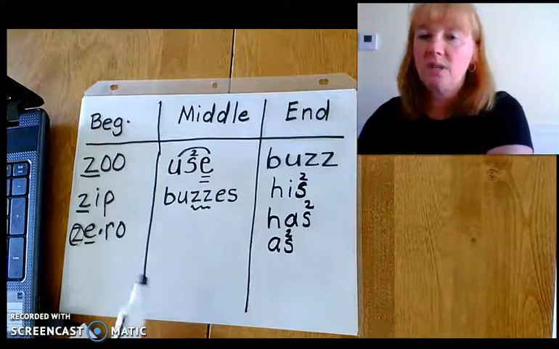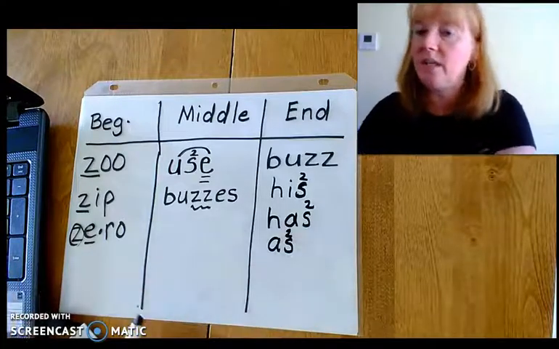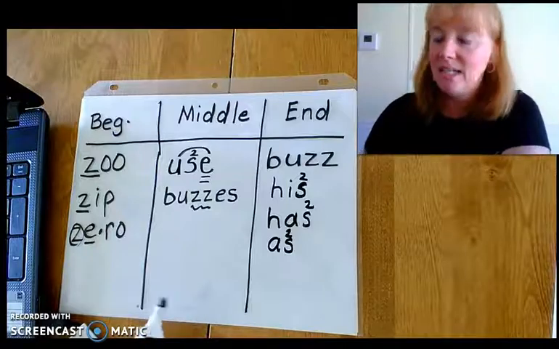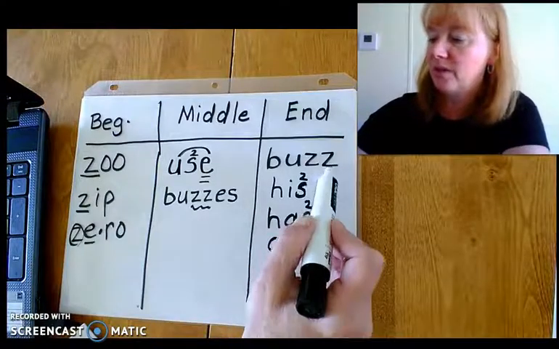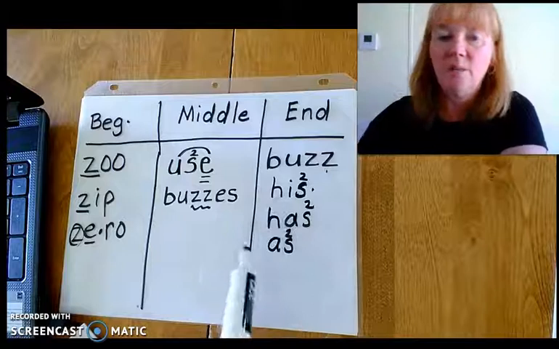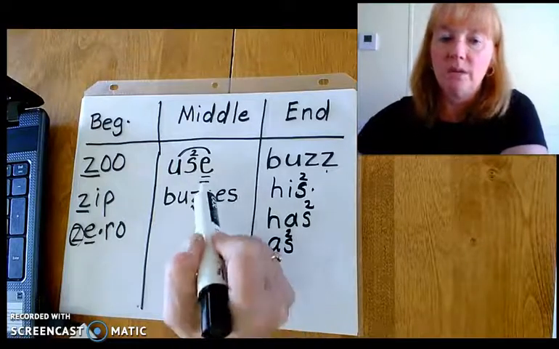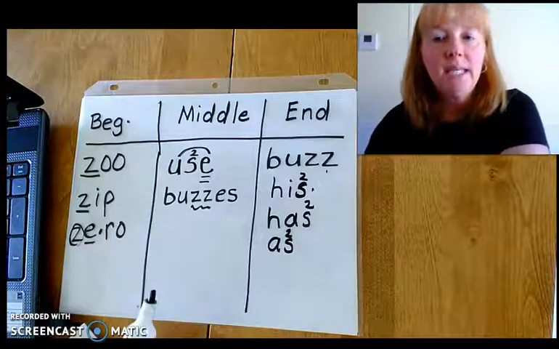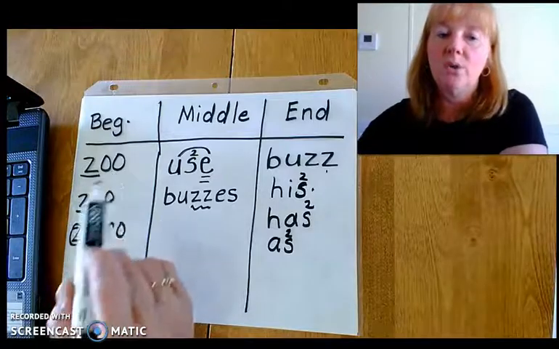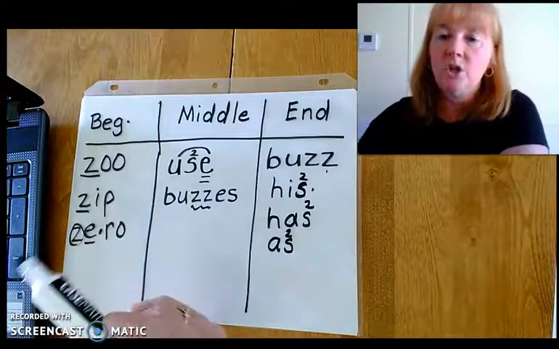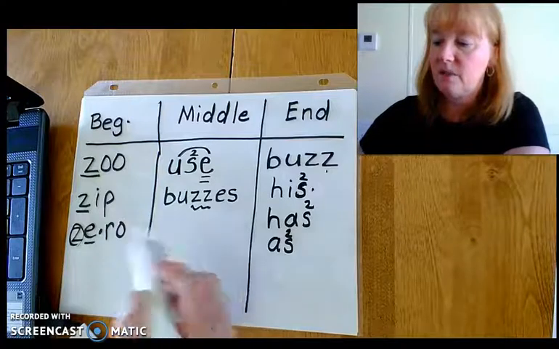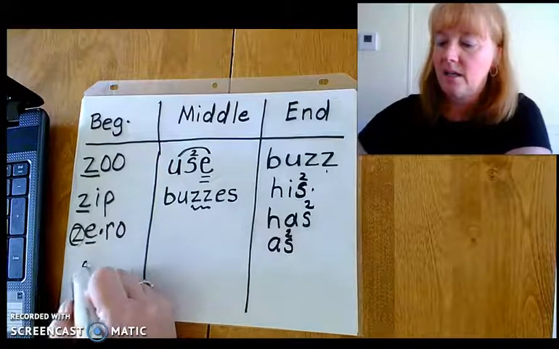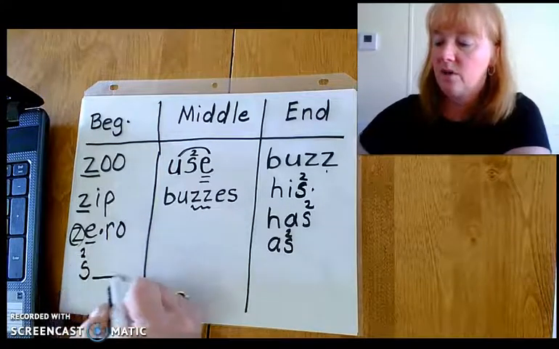So here's what we learned from this. We can spell the Z sound in the end of a word with either the Z or the S. In the middle, we can use either Z or S. But at the beginning of a word, we only use the Z. You're never going to have an S making its second sound at the beginning of a word.